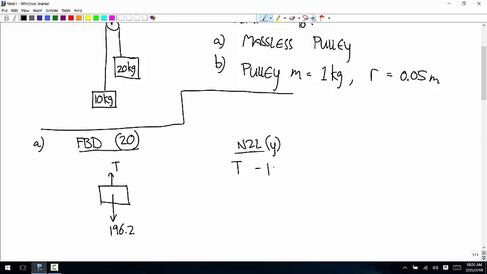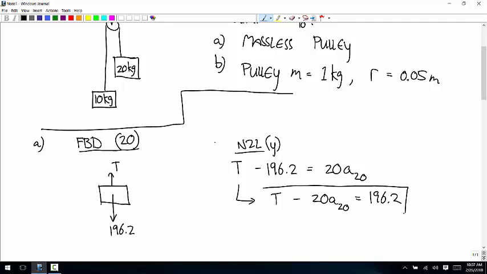Positive T minus 196.2 is equal to the mass, 20, times the acceleration, I'll call that A20. And so the first equation says T minus 20A20 is equal to 196.2. Set that aside.